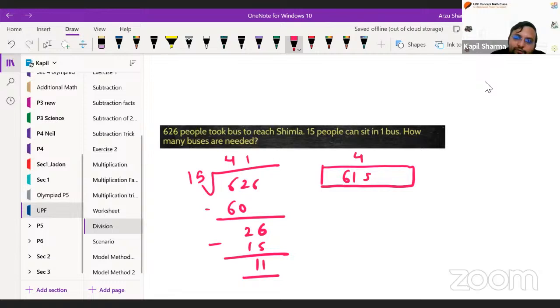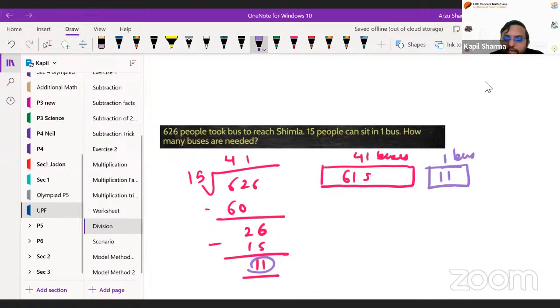Okay. In 41 buses. Now still 11 are left, isn't it? So we need another bus. Although this won't be completely filled, this bus will take the remaining 11 people to Shimla. Okay, so we need one more bus.